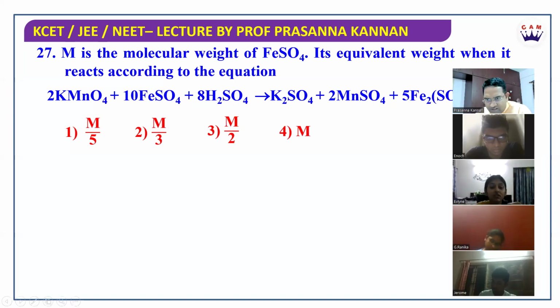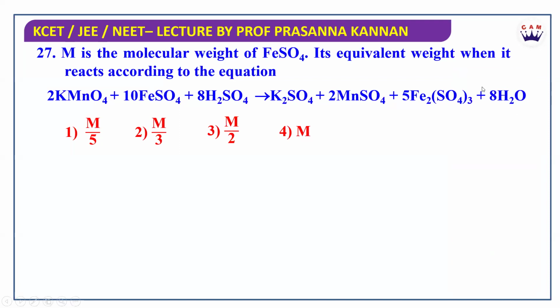So where will be your focus, Evelyn? Which compound? Sir, ferrous sulfate. In ferrous sulfate, which is likely to have a change in oxidation state? Iron, sir. Correct. So just look at that compound. Ferrous sulfate is changing to ferric sulfate.